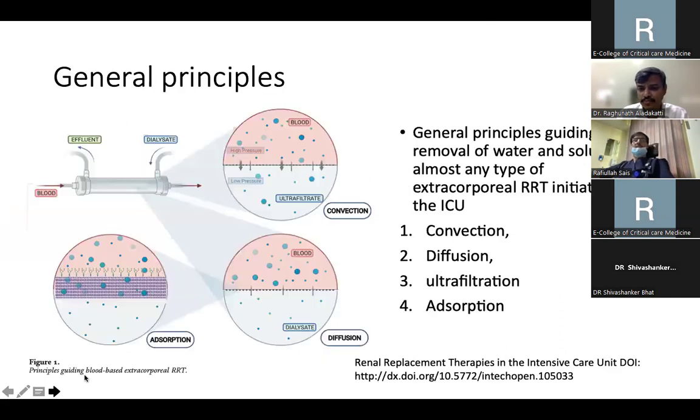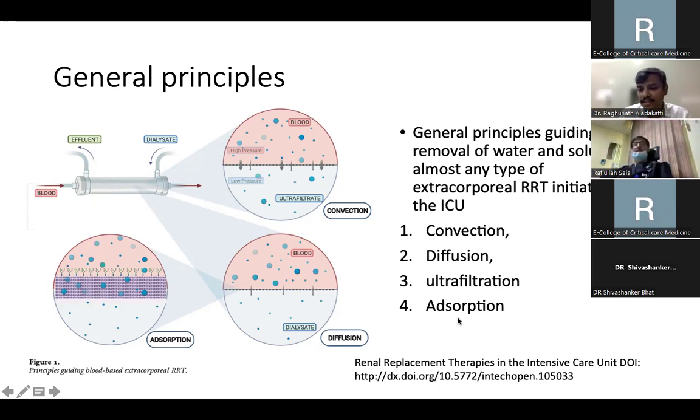So coming to the most important part, the general principles of renal replacement therapy. The general principles guide the removal of water and solute for almost any type of extracorporeal RRT. Whatever the previous or present modalities, the principles will be the same. They are convection, diffusion, ultrafiltration, and adsorption.